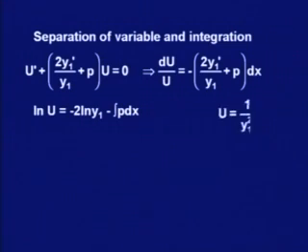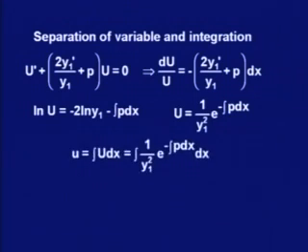Taking antilog, U is 1 upon y 1 square into e to the power minus integral p dx. Now, U is nothing but u dash. So, what will be the small u? It is the integral of capital U with respect to x, that is, the integral of 1 upon y 1 square e to the power minus integral p dx, with respect to x.